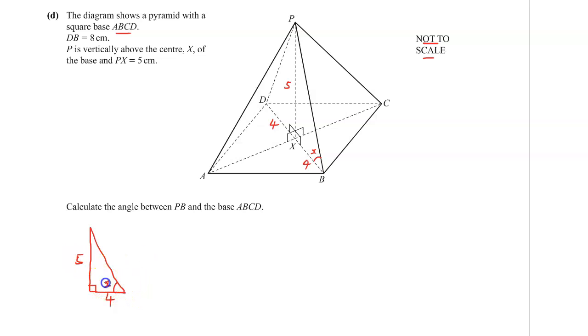This is our angle X. So to get angle X, we use tan. So tan X is equal to adjacent over opposite, which is 5/4.